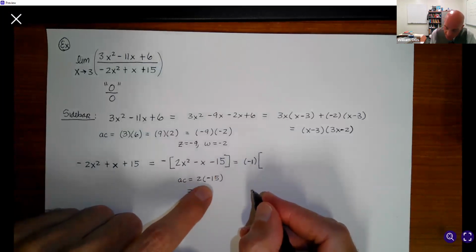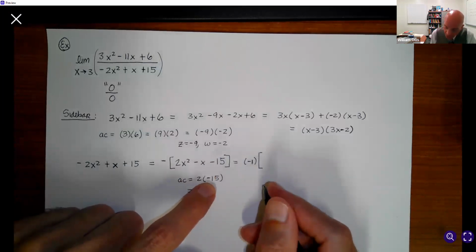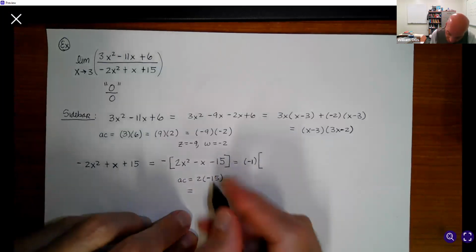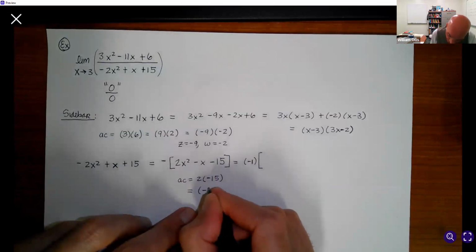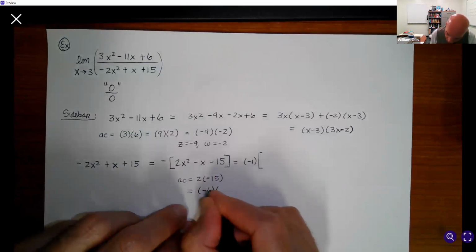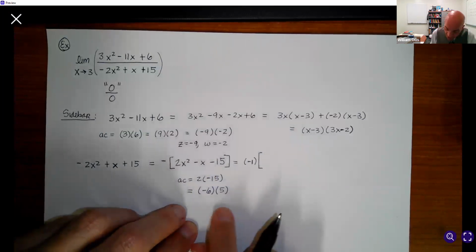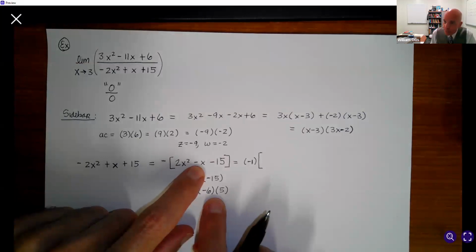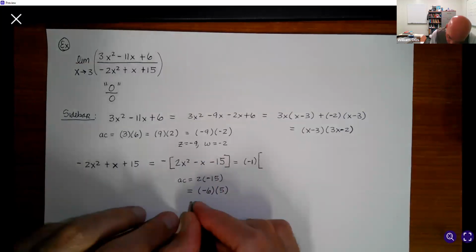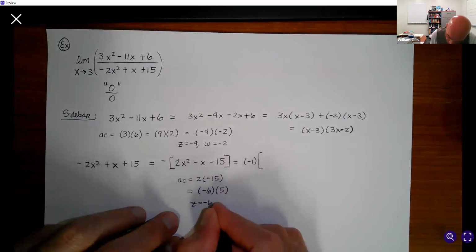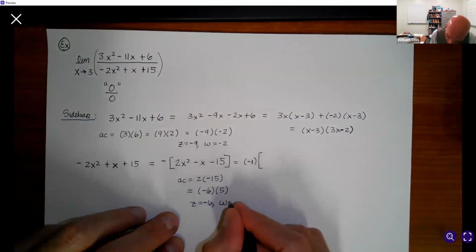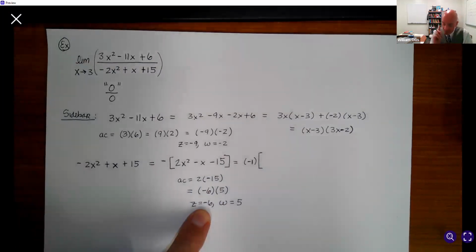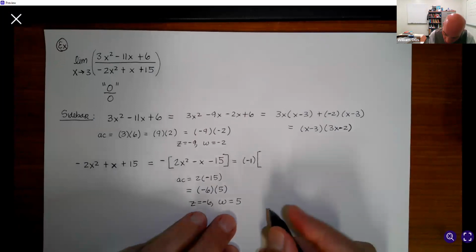If we do the prime factorization with the 3 times the 5, we can just pair the 3 with the 2 to give us a 6. And then move the negative with the 6 and still maintain the product. Now we have two numbers whose sum is actually -1. So that's good. Here we'll say Z equals -6, and W equals 5. Of course, it doesn't matter how you assign these. Clearly, if it did, this wouldn't be worth anything. So now we can do it.